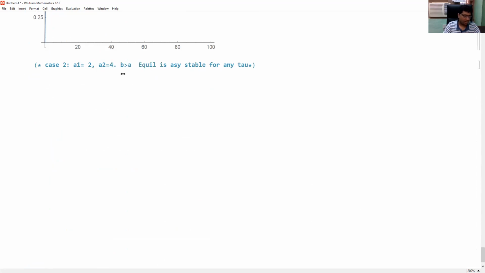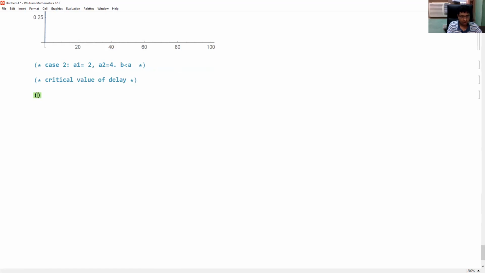So here A1 is smaller than A2, so B is smaller than A, and we have tau star. So what is the critical value of delay? It is A1 plus A2 divided by, what is A1 plus A2?